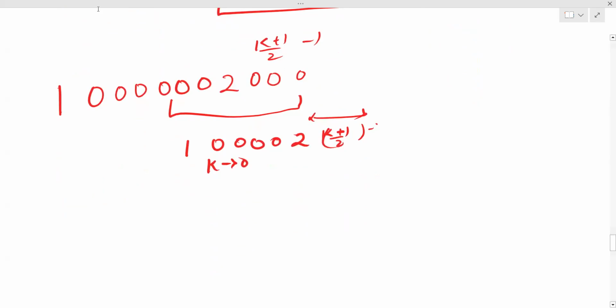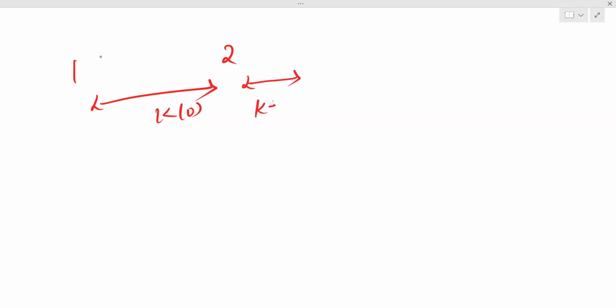What do we need to do after that? So this thing is done: we have a 1, then we have, let's say, k zeros, then we have a 2, then we have (k+1)/2 minus 1 zeros. What do we do after this?